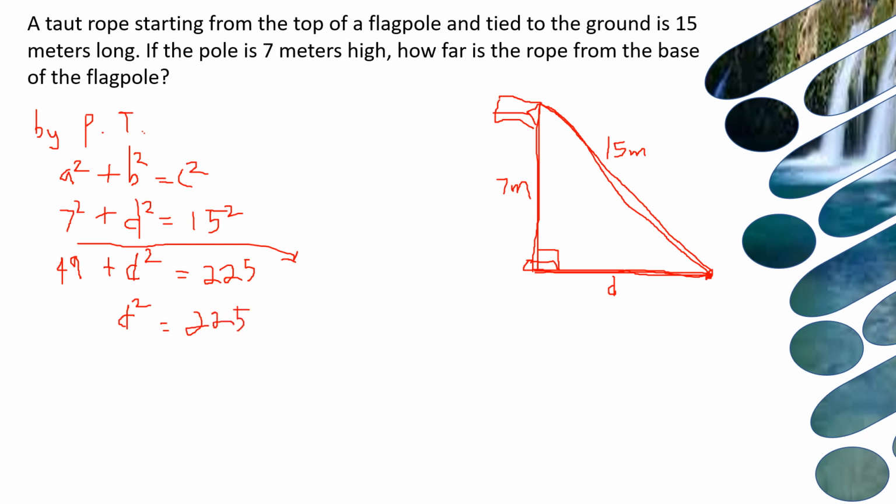We have 225 minus 49, and d squared is 225 minus 49, which is equal to 176. But 176 equals d squared, which should be simplified by extracting the square root of both sides.